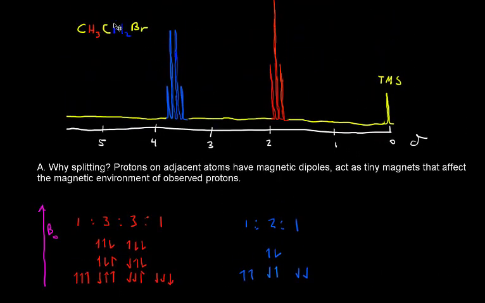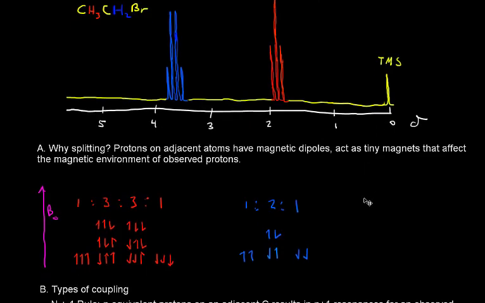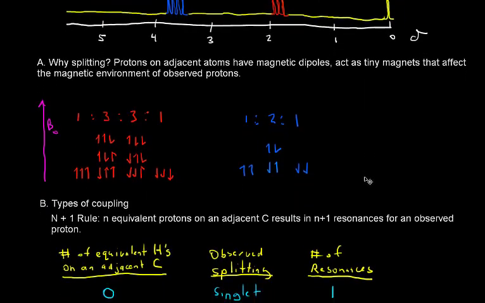So we have 3 protons on this carbon, so when we observe these, we see a quartet. So 3 plus 1 is 4 on these 3 adjacent protons, equivalent in the same chemical environment, plus 1 gives us a quartet for the resonance for these methylene protons. So that's the n+1 rule.